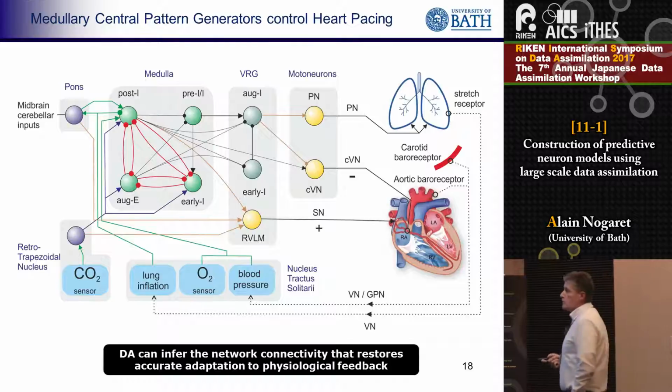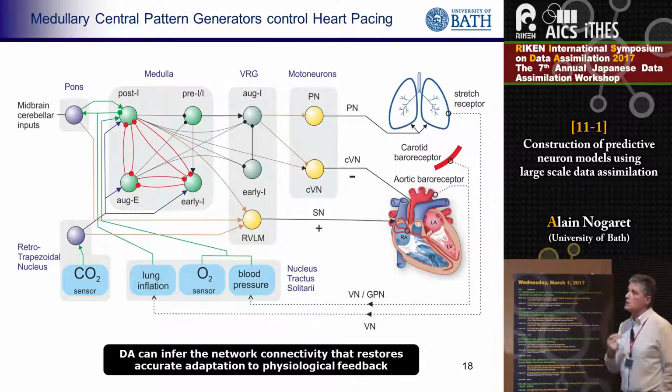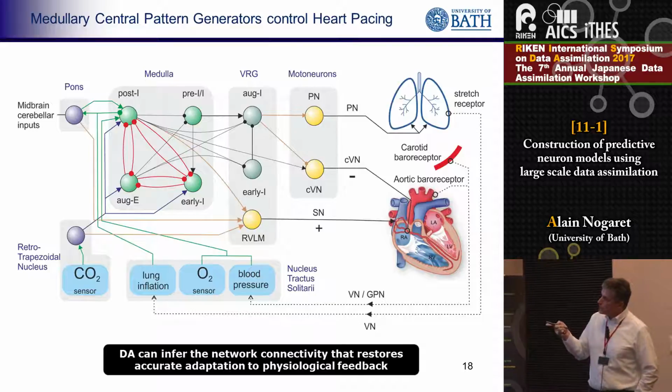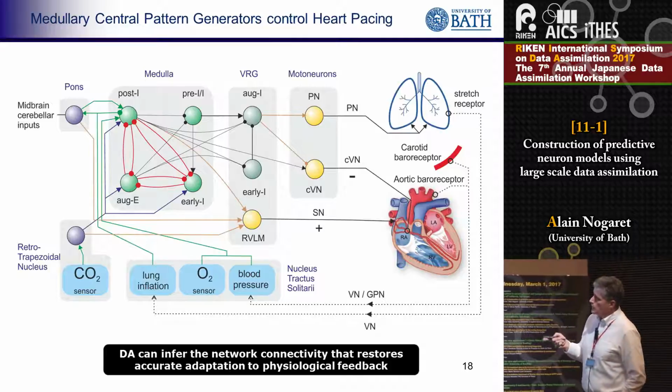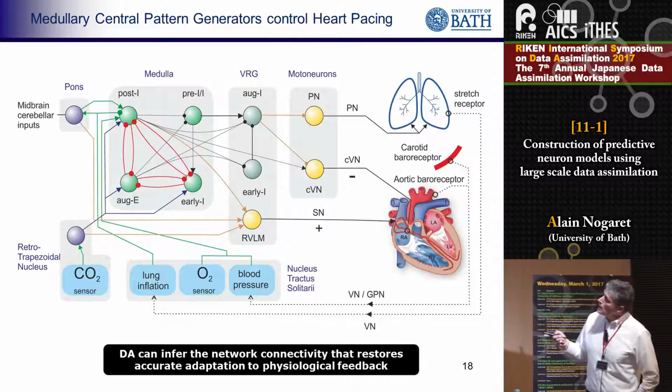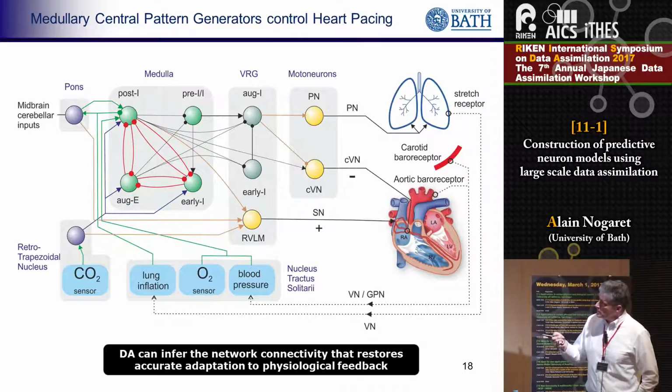So in a healthy individual, there are neural networks in the medulla, at the base of the brain here, which integrate physiological feedback, like arterial gas pressure, O2 and CO2, information from stretch sensors in the lungs, and also blood pressure from carotid and aortic baroreceptors. This information is fed into central pattern generators, these networks.